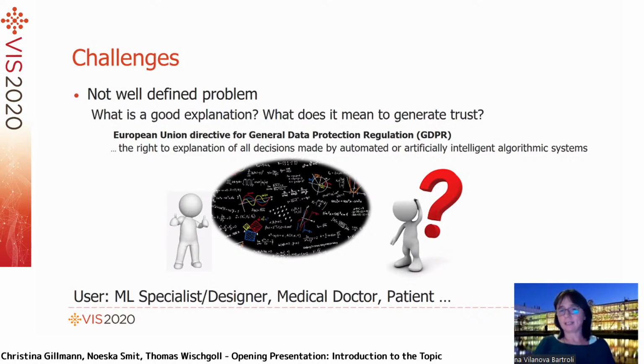You can get an explanation of how a system works, that it uses backpropagation or gradient descent, and that is also an explanation. But this explanation probably is not very useful to a medical doctor. So the explanations that are being made by ML designers are probably not very effective for a medical doctor, a patient, or the user. So the communication between all these different components is very important.